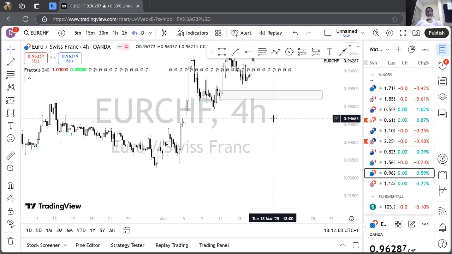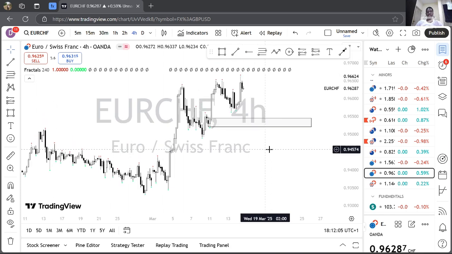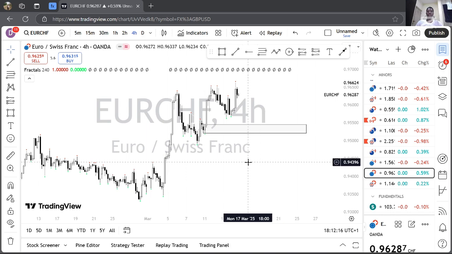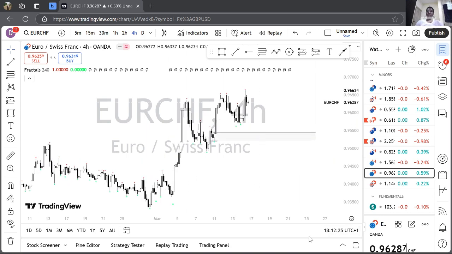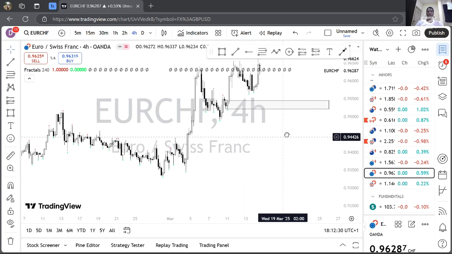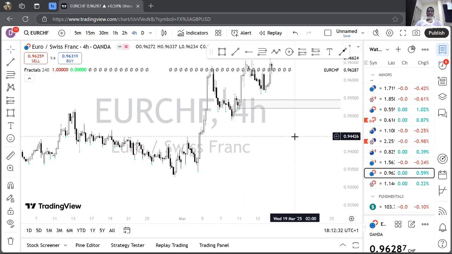Demand zones form when they place large buy orders, pushing price up. See, like here, pushing price up. If you can identify these zones properly, you will know exactly where price is likely to react. Price doesn't move randomly. Big money leaves a footprint and we can follow them. That's the banks and financial institutions.